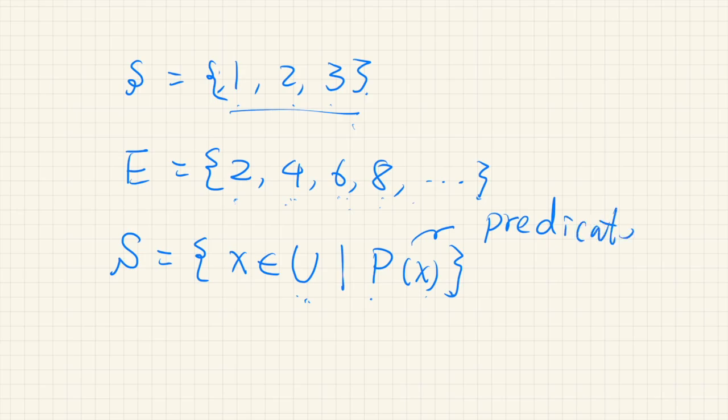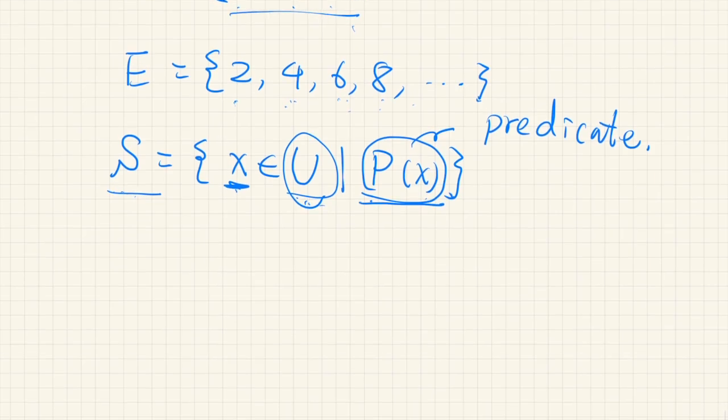In this way, S is defined like this. First of all, the elements of S must be elements of some other, bigger universal set. But not only that, each element has to satisfy some predicate. So this predicate must be true for each element of S.